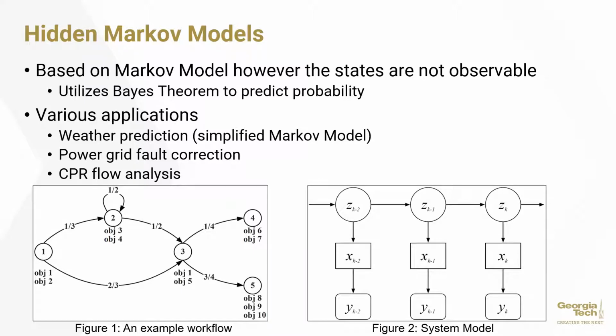So here are some example applications of the Markov model or the hidden Markov model. You can perform basic weather prediction. That is simply, you know, whether it's raining or snowing one day, or maybe what the temperature will be. But it's usually not that simple. However, you can also use it for power grid fault correction.